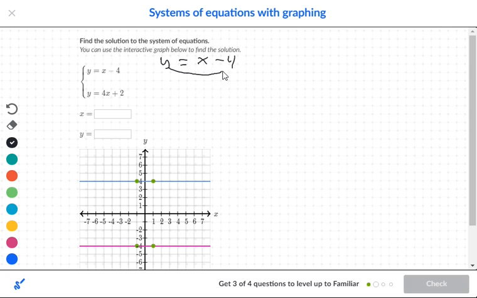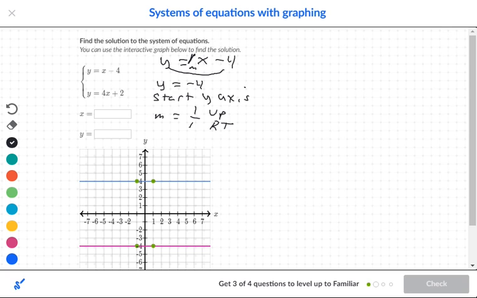So I can say y-intercept is now equal to negative 4. What does that mean? Well, this is where you're going to start from, and this is always going to be on the y-axis. Now this number right there, that's m, so m is equal to 1, so that's 1 over 1, so that means we're going to go up 1 and then to the right 1.